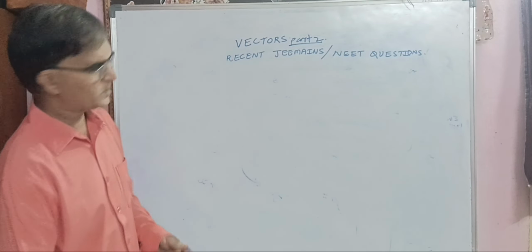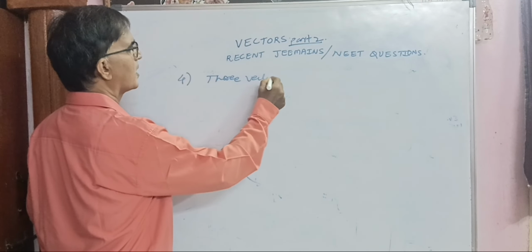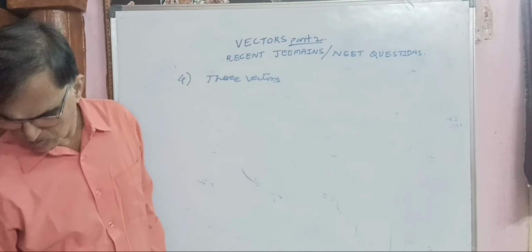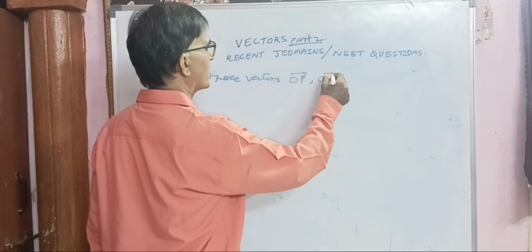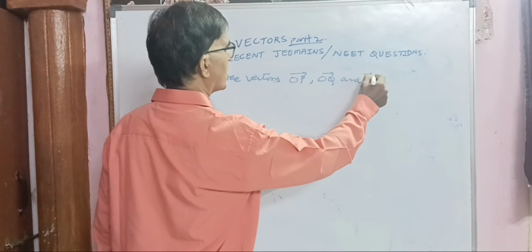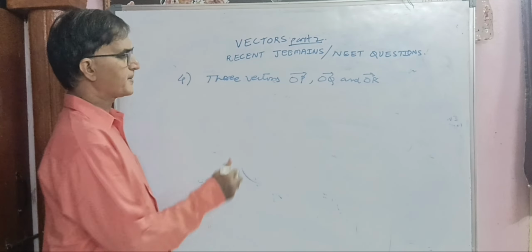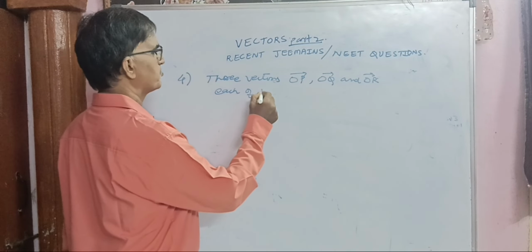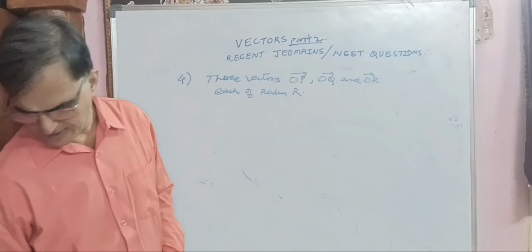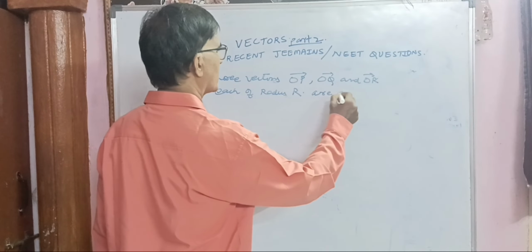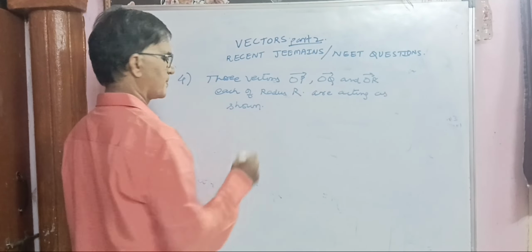Three vectors: OP, OQ and OR, each of radius r, are acting as shown in the figure.